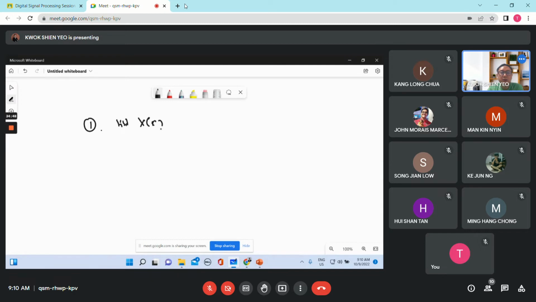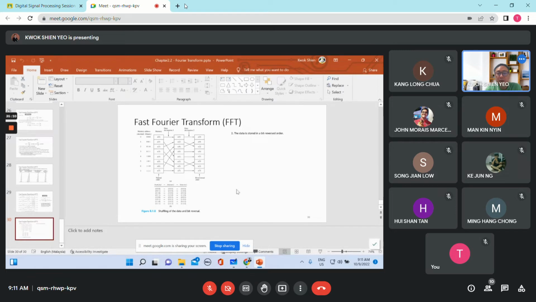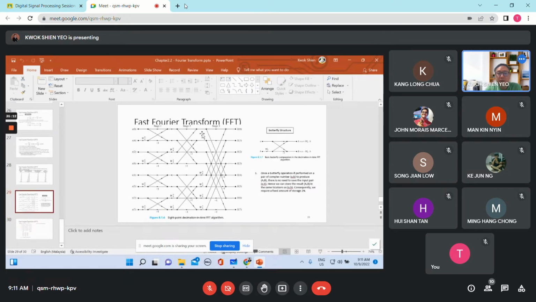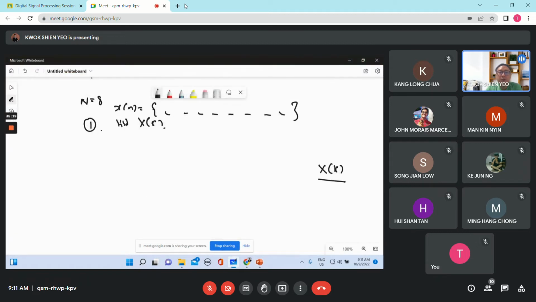This is the answer that you want to find. Let's say you are given xn equals 1, 2, 3, 4, 5, 6, 7, 8. Let's take an example of N equals 8, because we want to build this. So this is an 8-point DFT.